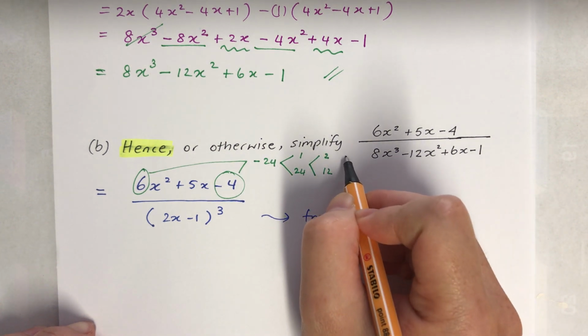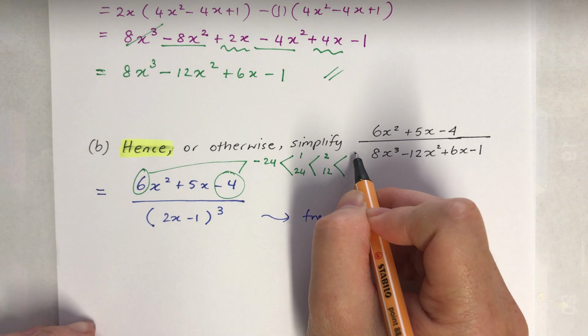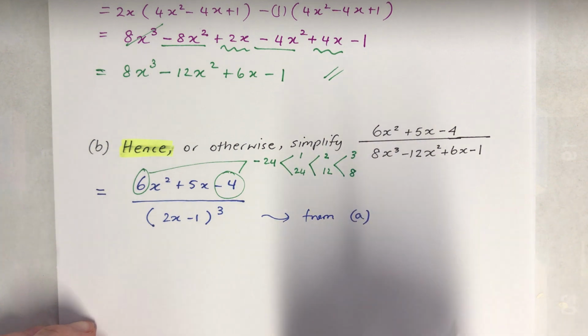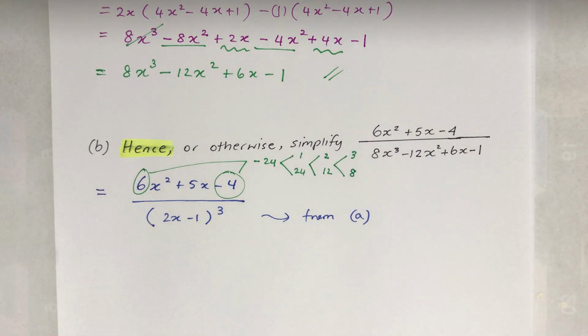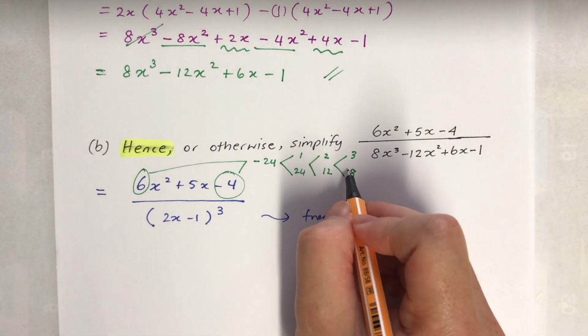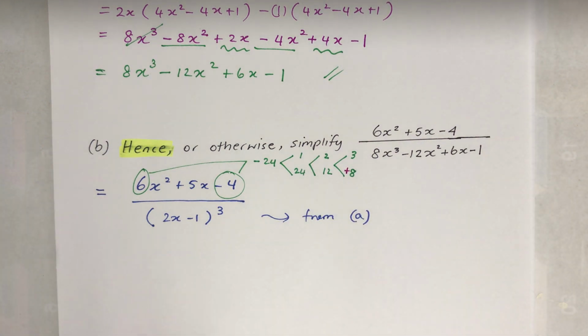No, it's not going to give me 5. But 3 and 8, looks like I'm going to get 5 from something if I play around correctly. So to get 5, I need the bigger number to be positive, the smaller to be negative. Then when I add them, I'll get 5x.